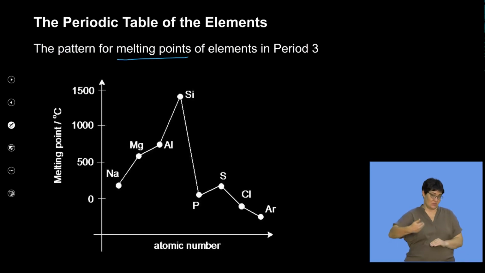Okay, so here are the melting points of elements in period 3. If you look at sodium, magnesium, aluminum, silicon, they are in the same period. It means they fall in the same horizontal row. As you go from sodium to silicon, what is happening? The melting point is getting higher and higher.